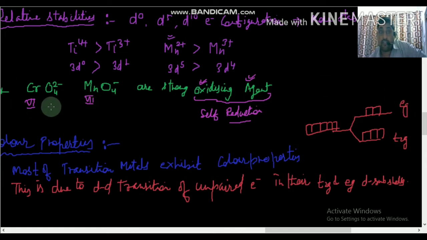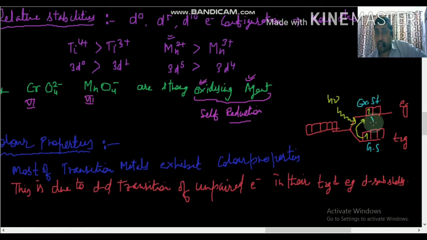Now if an electron is there in this and goes to there, in this process it absorbs some energy, and when it comes back, this is now the excited state, and this is its ground state.